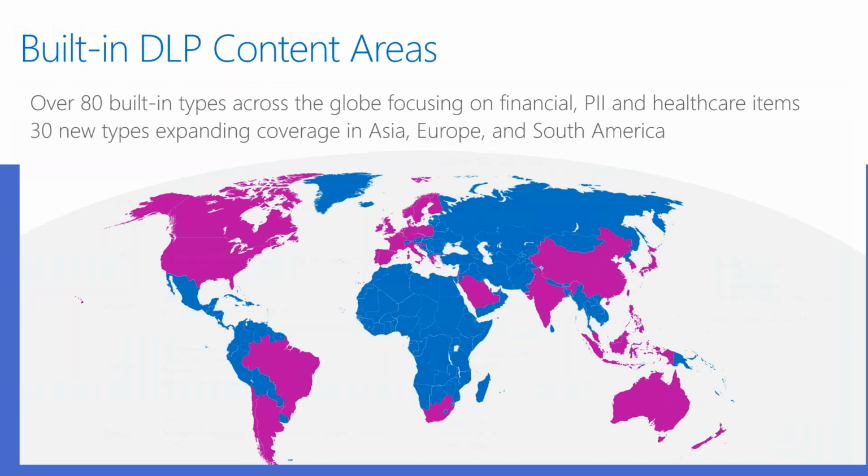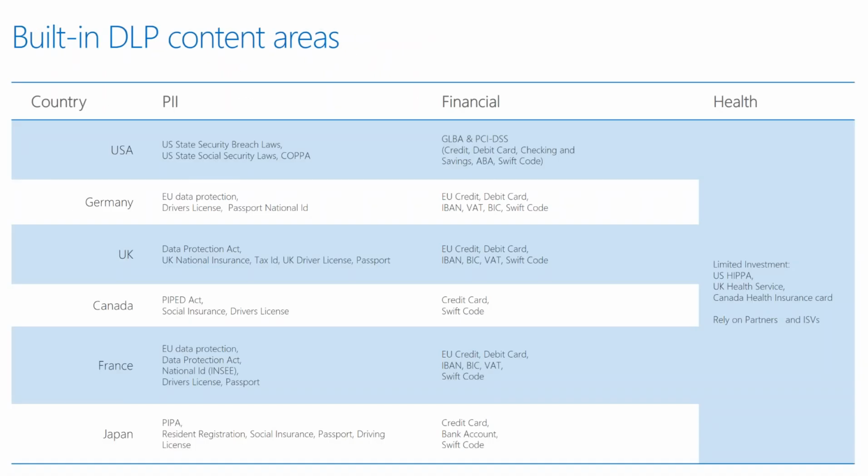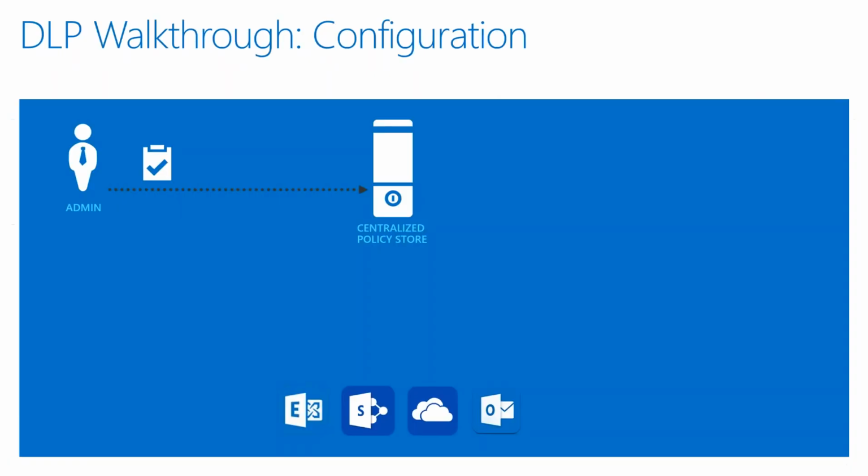So I just want to do a quick walkthrough of how a policy can be configured and how it takes effect. So as an administrator, your first step is either going to an Exchange Online console or the Compliance Center in Office 365. And once you're there, you can start defining policy configurations.